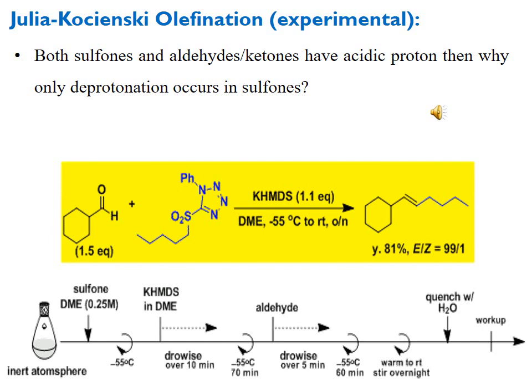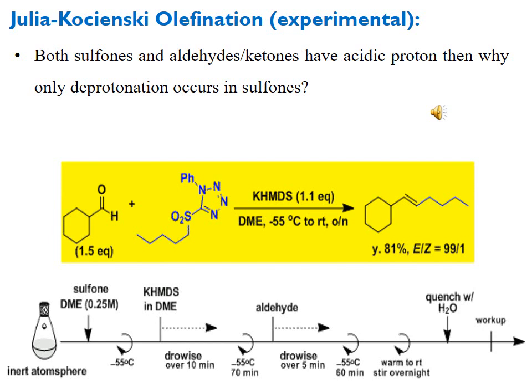If this question arises, then this procedure will explain it. First, under an inert atmosphere, we take the sulfone in the solvent and use the base, which deprotonates it. That is, we have not added the aldehyde.